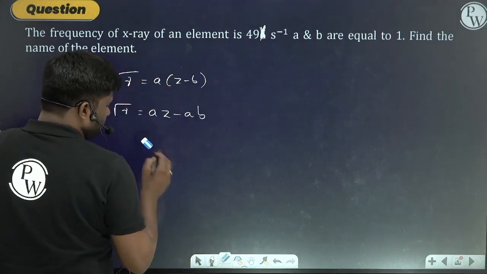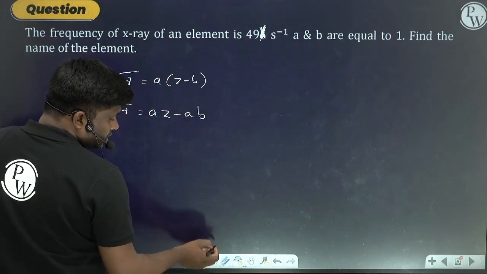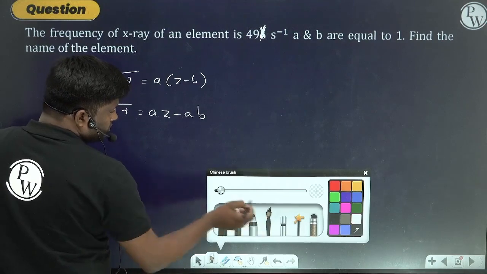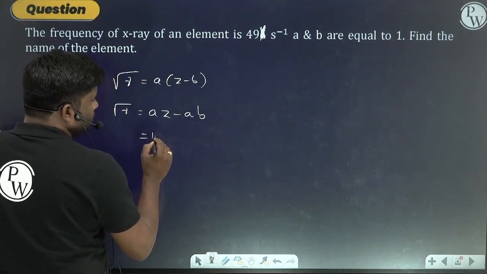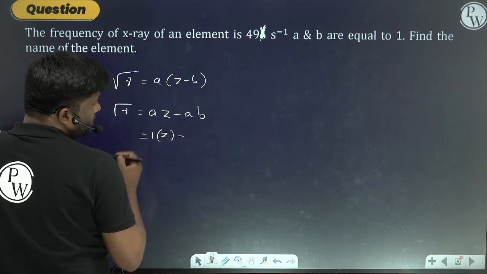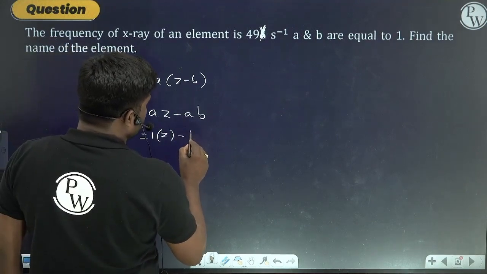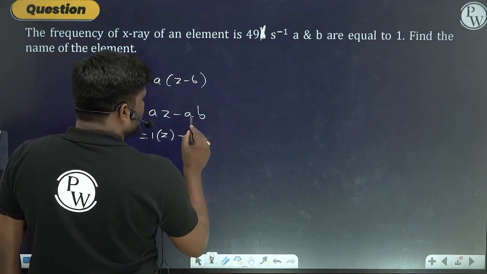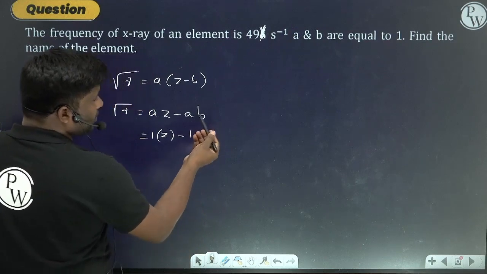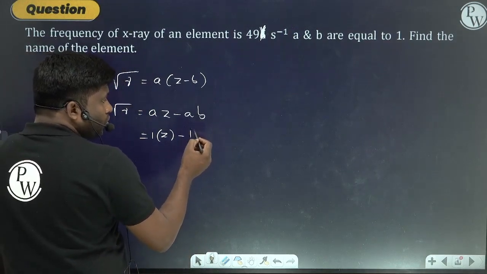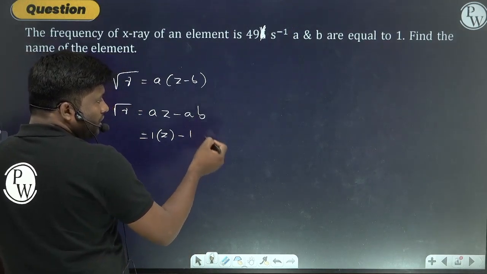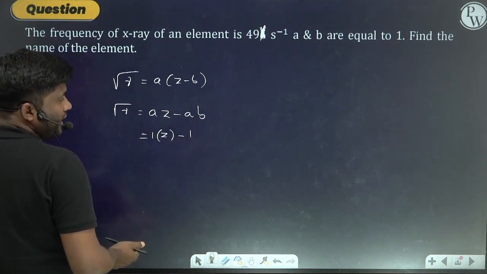So A is equals to 1 into Z minus, A is equals to 1 and B is also 1. A into B also 1 into 1. Total you will be getting 1.